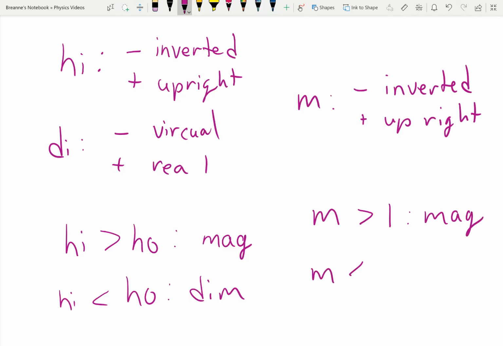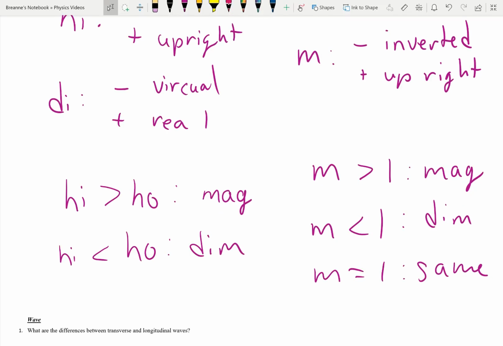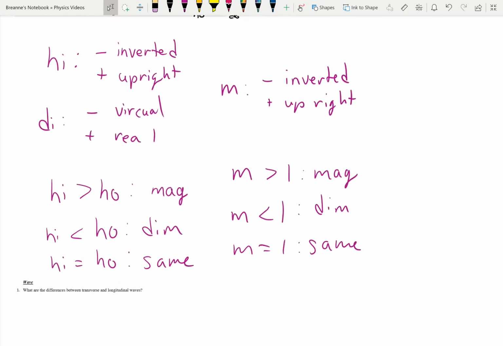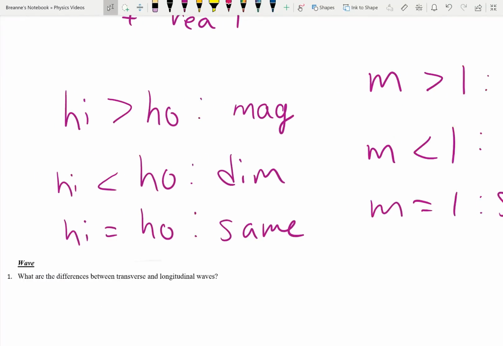If your m is less than 1, it's diminished. Of course, if your m equals 1, it's the same. If your hi equals your ho, it's the same. So a couple little things to remember dealing with it mathematically. And that is dealing with your optics.